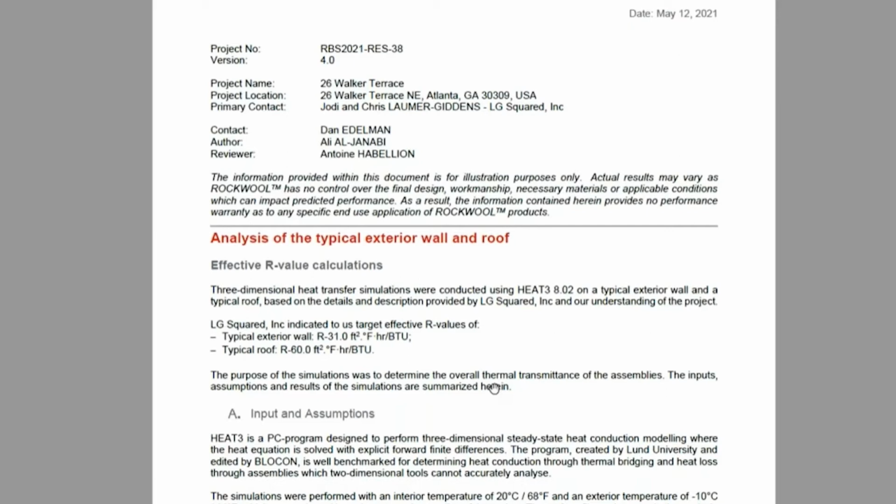In other reports, if that's not indicated to us, the architects or the builder will indicate, for example, that they want to meet IECC 2015. So we will look at the climate zone, and we will try to provide analysis for the specific climate zone. But in this case, we didn't put the requirement for that city because it was indicated to us what U value or R value was required.